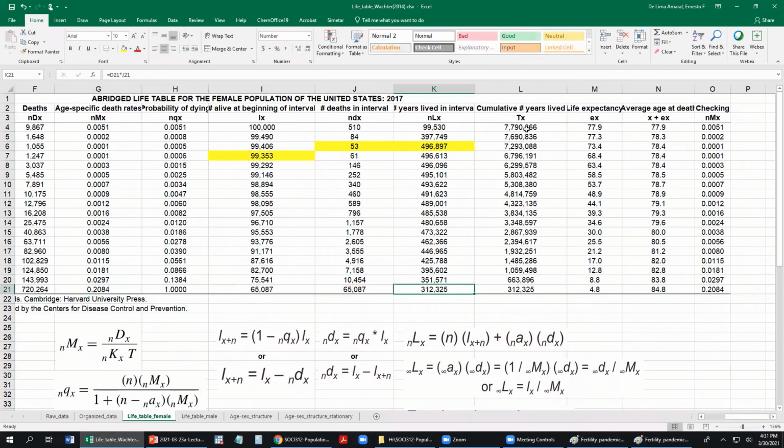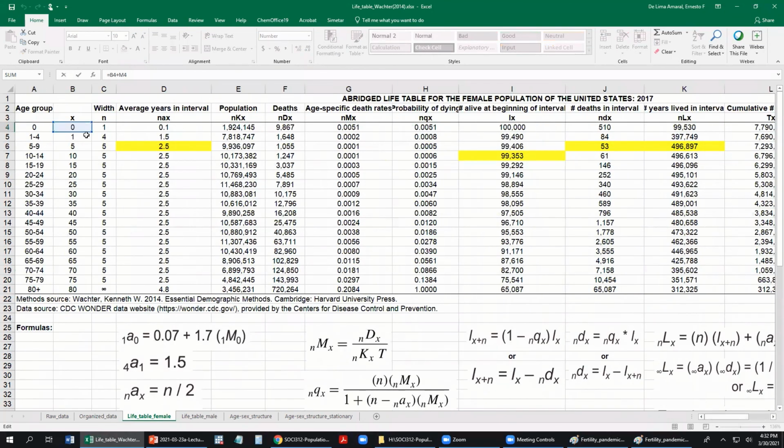And then the big T is just a cumulative sum from that row to the bottom, that row to the bottom, and so on. The life expectancy is this divided by that, this divided by that, and the average age at death is just this plus the age at the beginning of the interval.